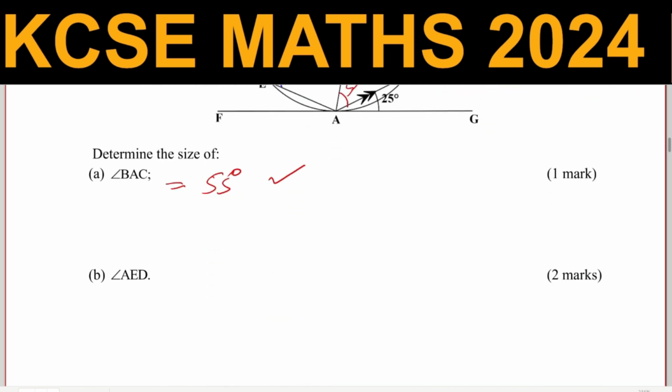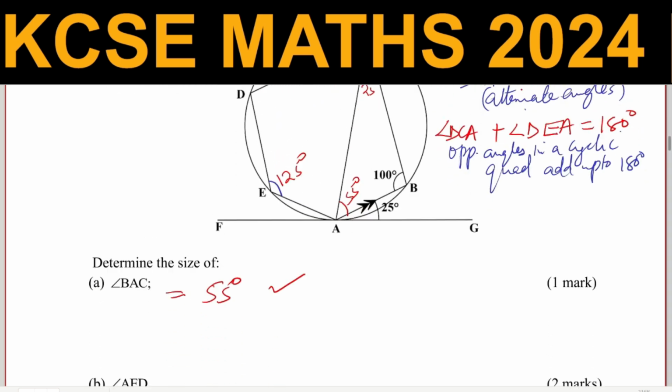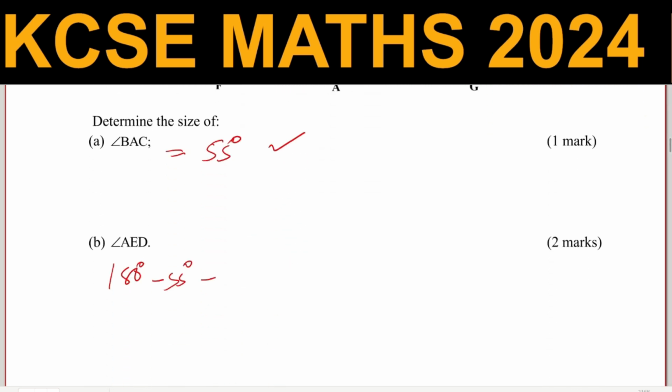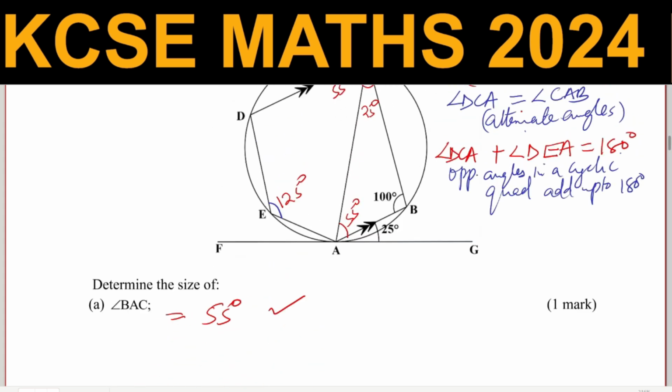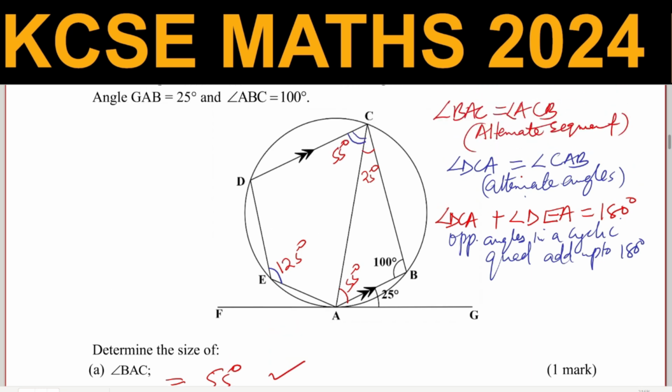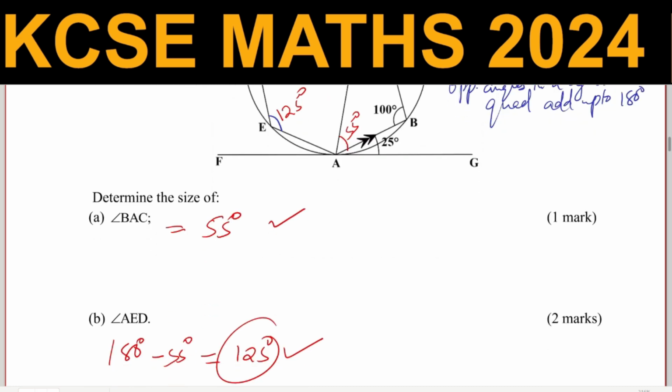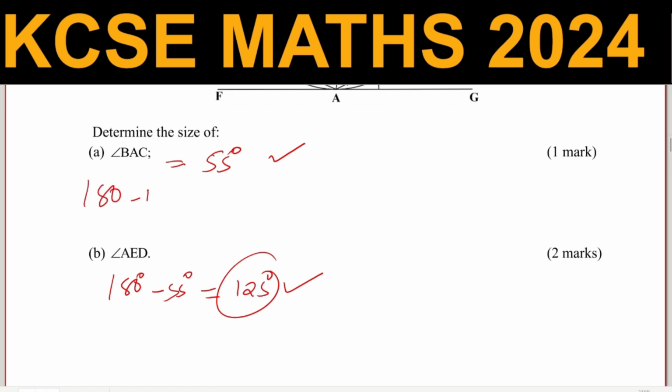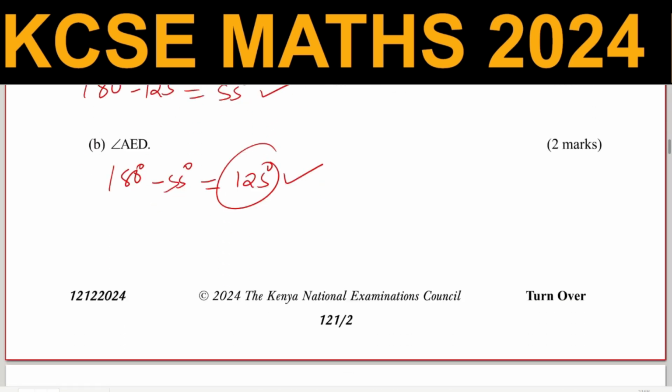We got it by taking 180 subtract 55 degrees, and that was 125 degrees. Then for BAC, we actually got that one by the sum of angles in a triangle. So we got 180 subtract 125. It's always good to show all the workings that you have used. So that is how you're supposed to get the two angles.